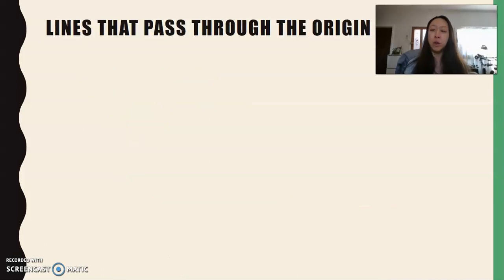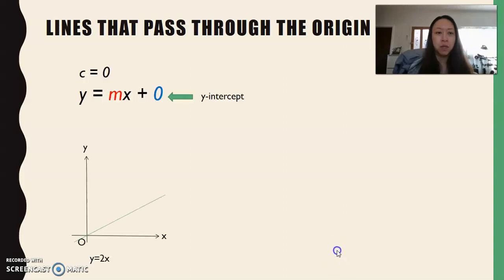We also need to know lines that pass through the origin, and as mentioned before, the origin is the point (0, 0), over here in the Cartesian plane.